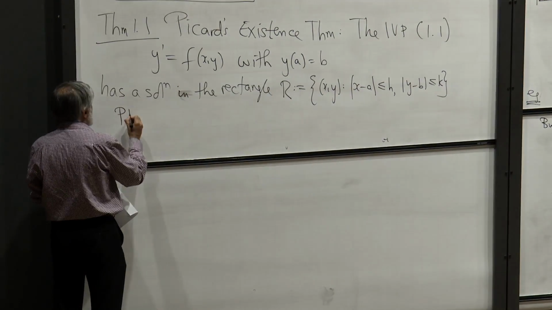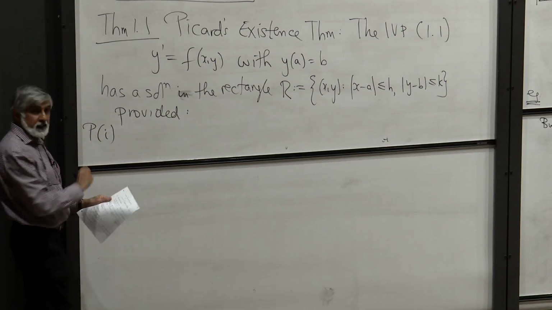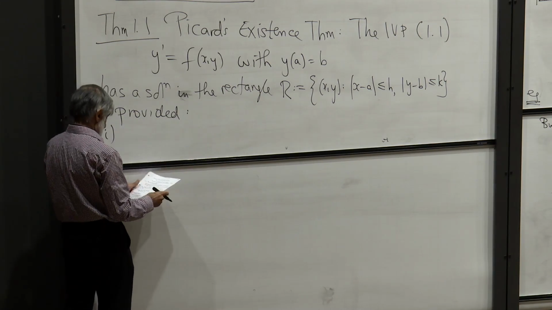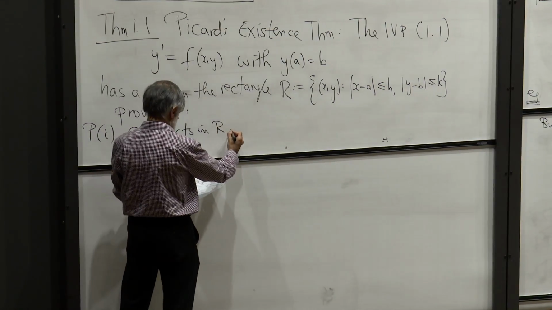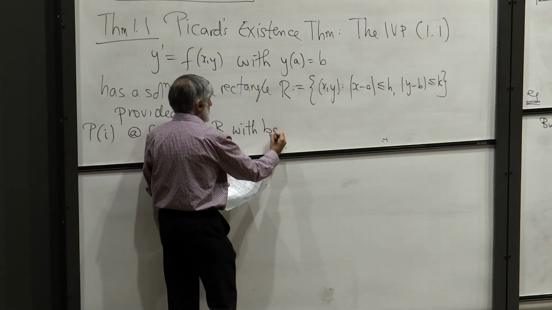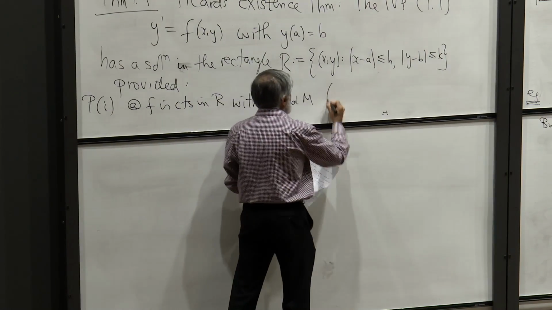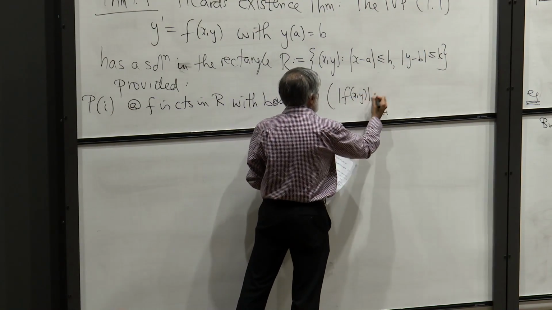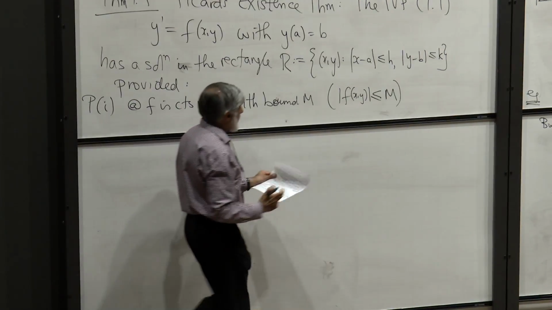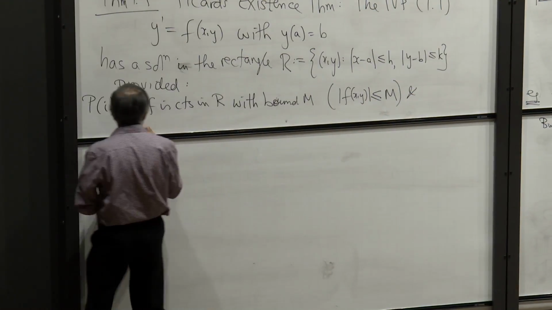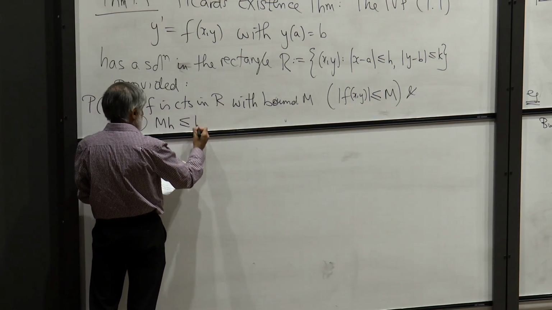provided P1, P for Picard, (A) f is continuous in R with bound M, that means the modulus of f of x, y is less than or equal to M for all (x, y) in R, and (B) M h is less than or equal to k.